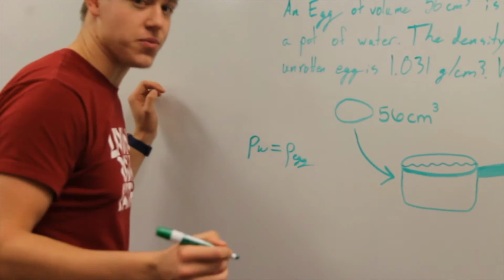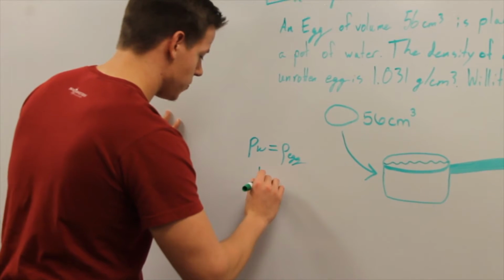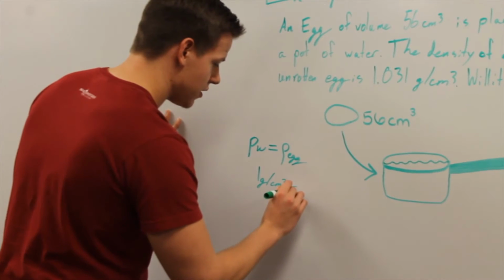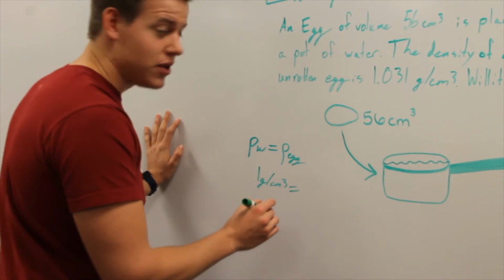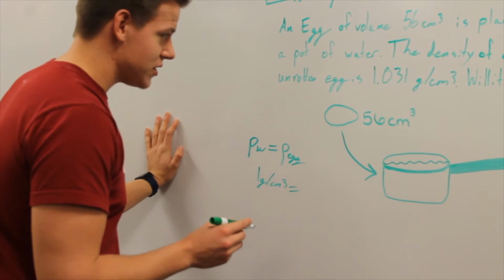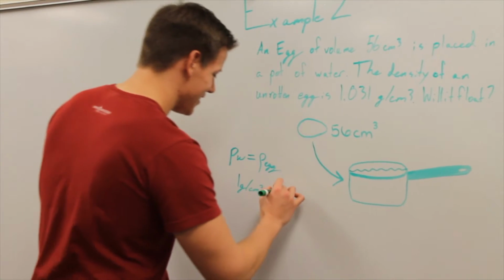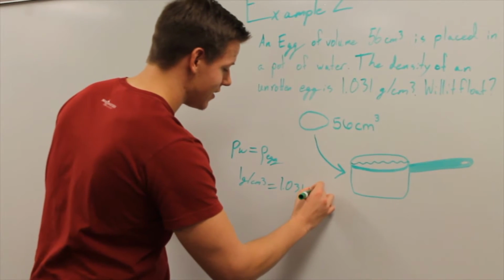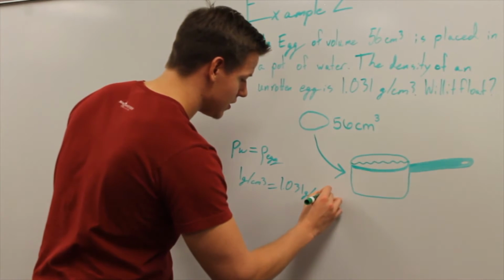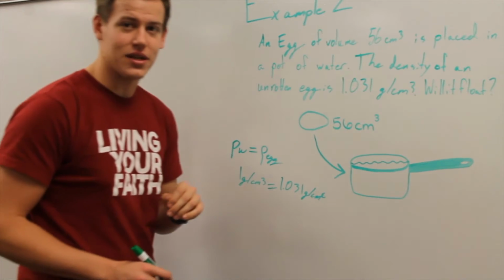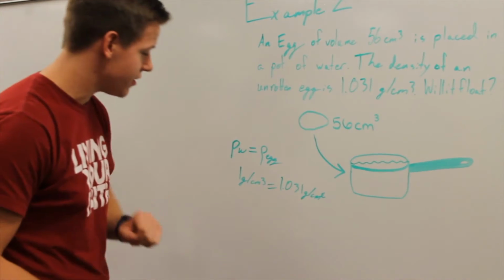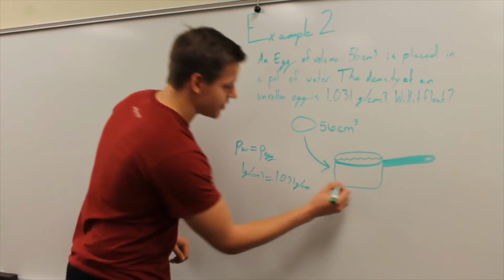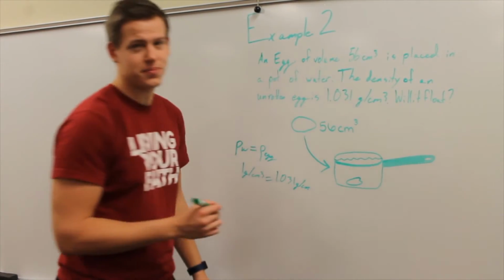Water's density, as we know from the last problem, is 1 gram per centimeter cubed. Now, is our density of our egg equal or less than that? It is not. So, because the density of an egg is greater than that of water, that means that our egg is going to sink to the bottom.